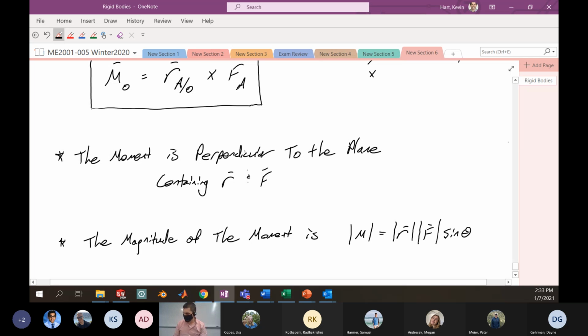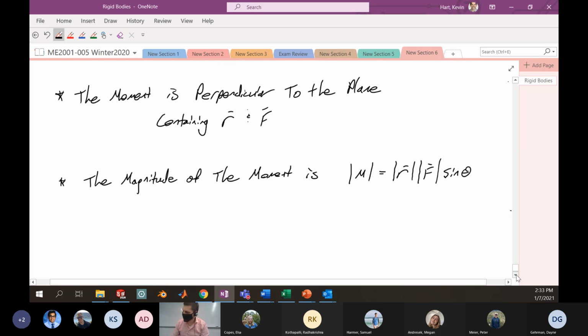Right. The direction follows the right-hand rule.